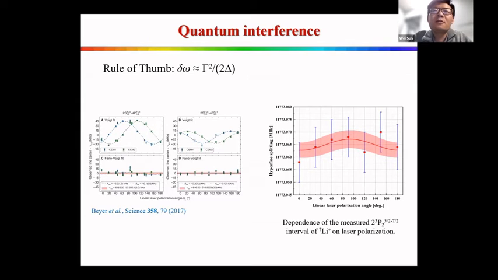We found that the amplitude of the fluctuation was about 2 kilohertz, which is close to the value obtained from the above equation. So we believe that our estimation of the quantum interference is reliable.